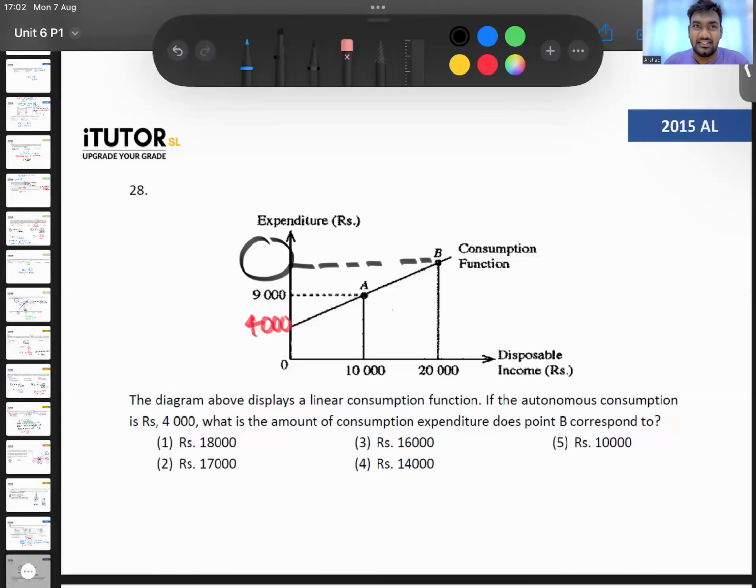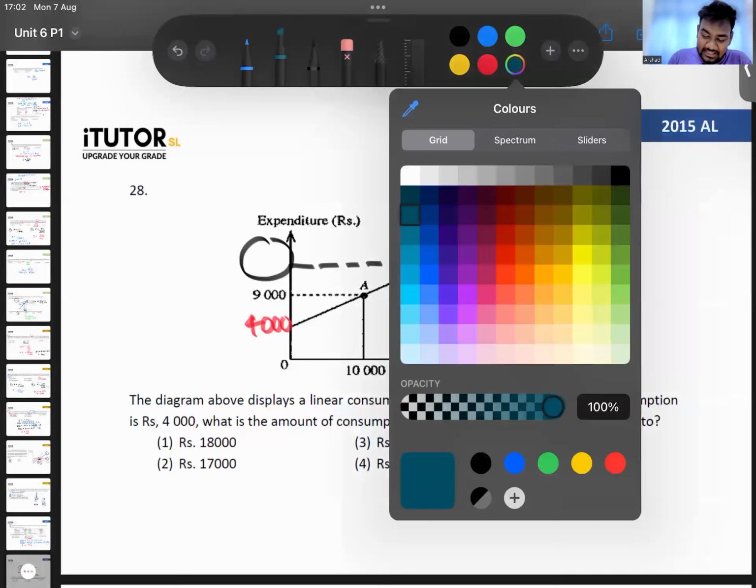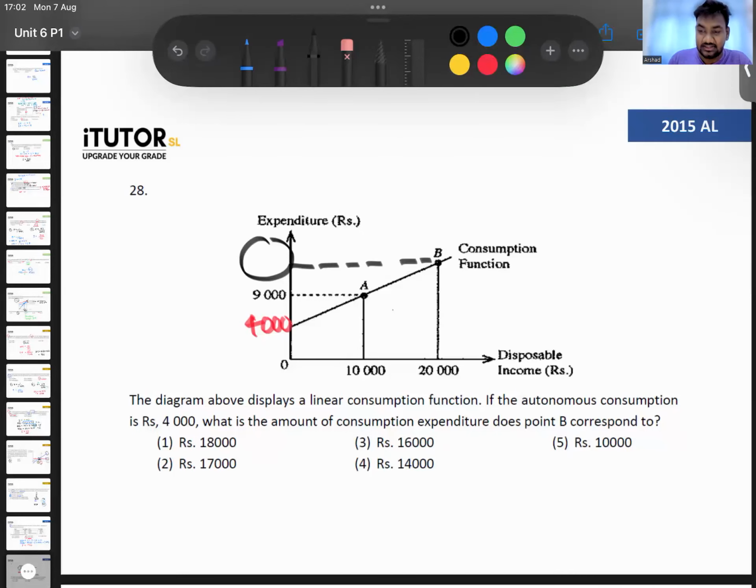Very easy. Can you think and tell me how much is the MPC in this question? How are you going to find that? When the income is 0, consumption is 4,000. That is what autonomous consumption means. When income is 10,000, consumption is 9,000.